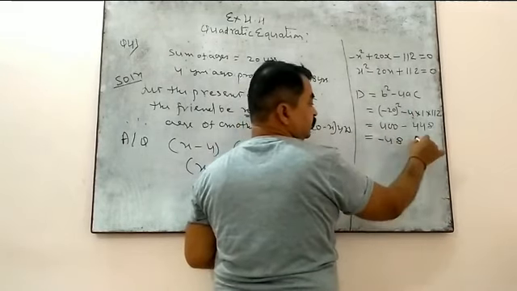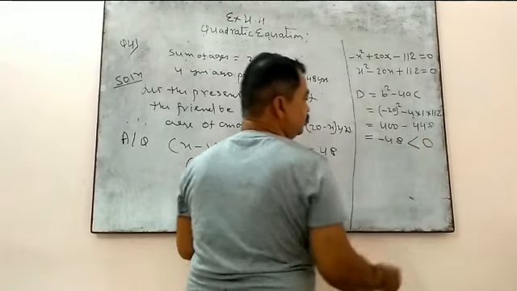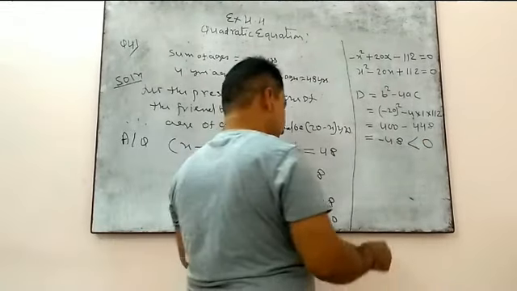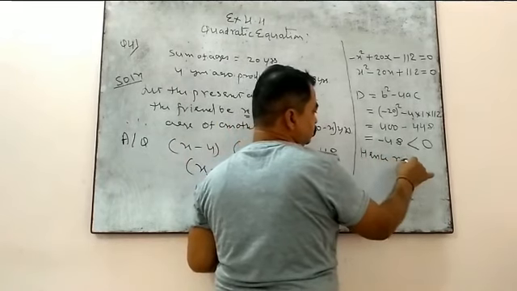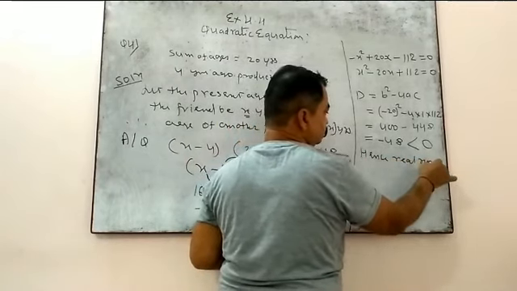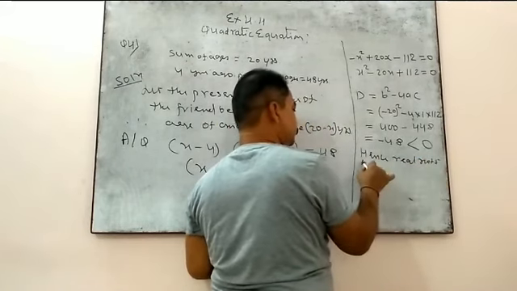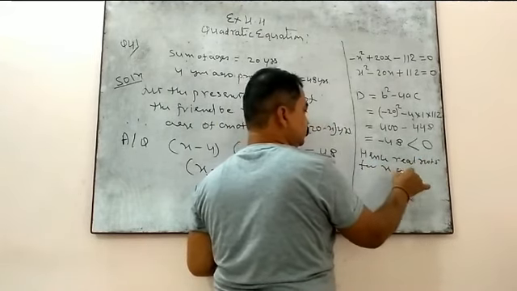So here the discriminant is smaller than 0. Right? Hence real roots for x do not exist.